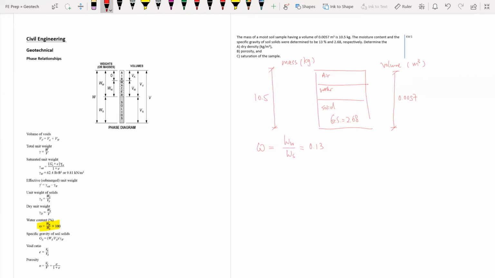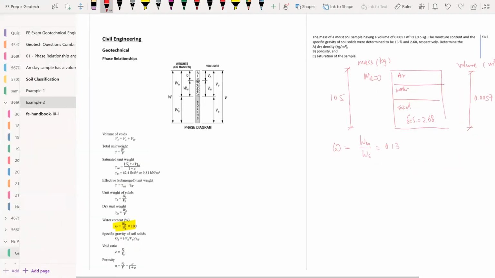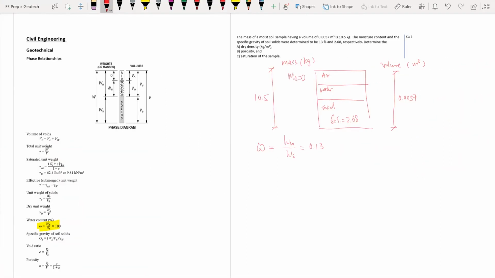For this case, we first try to fill in all the information. After putting in the total volume and total mass, we also know the mass of the air is equal to 0. We need to set up equations now in order to solve for the unknowns in the phase diagram.